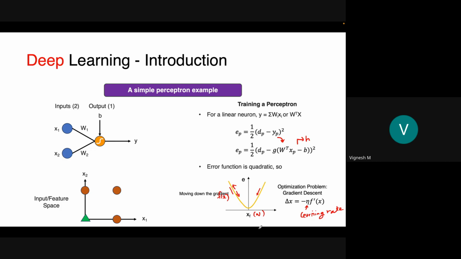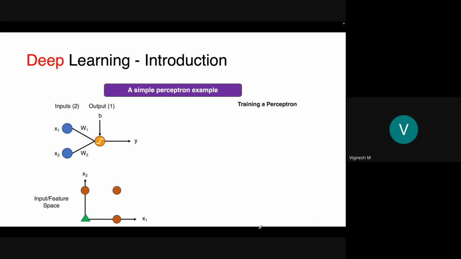So you want to move down the gradient. So how do we use gradient descent to estimate the parameters? That's what we need to know now. Now, if this is your error function, what do we need to do in order to get to the parameters? What do we need to find?